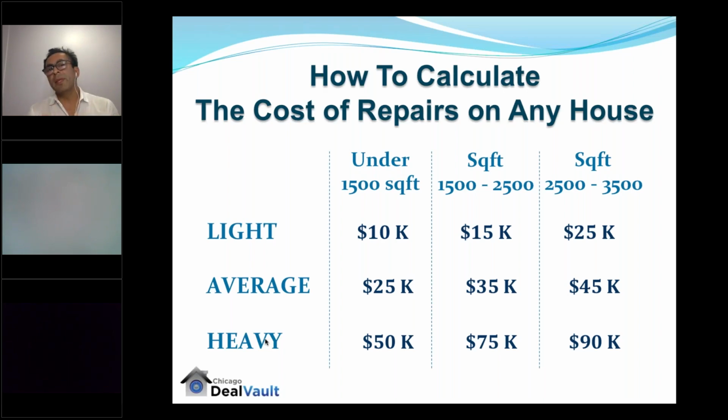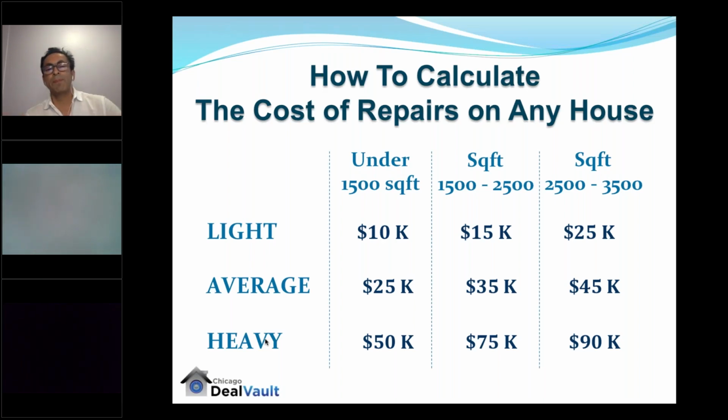Now, something that has worked really well for us when coming up with the rehab estimate is to have a cushion. You always have to have a cushion between 5 to 10,000. So this is the rule of thumb, friends. If we're looking at a rehab of light, we're going to add a 5,000 cushion.